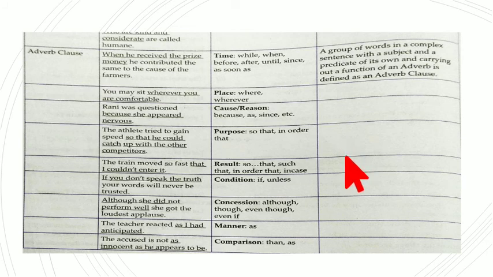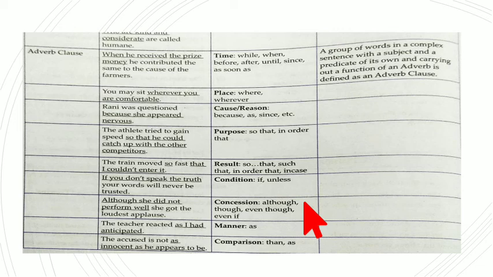Condition: if, unless you work hard, you will never score high marks. Unless you work hard, you will never succeed in your life. Such examples, and concession: though, although, then manner, then comparison. So these are the different types. In the exam, whenever you are trying to pick out the adverb clause, you have to keep all this in mind, and then answer whether it is an adverb clause of time or place or reason, etc.